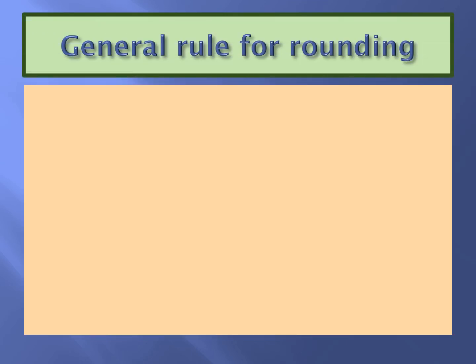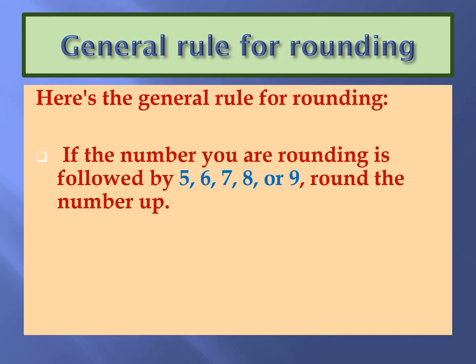Now, we have got a general rule for rounding. समझ तो आपको भी आ गई होगी, आपके भी ज़हन में एक रूल बन गया होगा. But have a look at it. If the number you are rounding, यानी the digit, अगर आप nearest 10 कर रहे हैं तो उसकी बात हो रही है, अगर आप nearest 100 कर रहे हैं तो उसकी बात हो रही है, अगर आप nearest 1000 कर रहे हैं तो उसकी बात हो रही है.